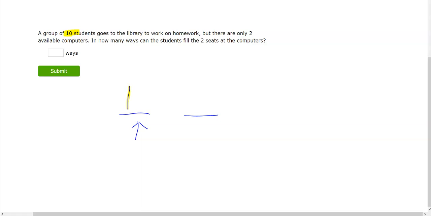Now, once someone sits in that seat and we choose them to sit there, they're not going to sit in the second seat. We're going to have 9 options to sit in that second seat. I filled up all the seats. Now we need to take, just like our counting principle, our number of options and multiply them together.